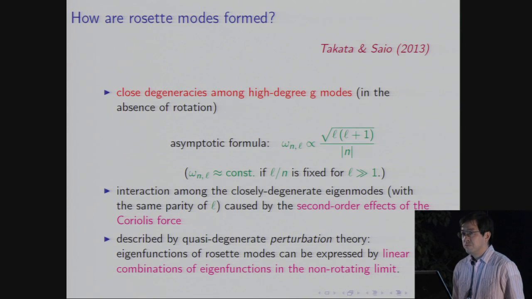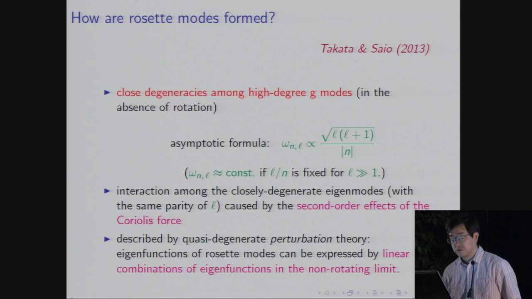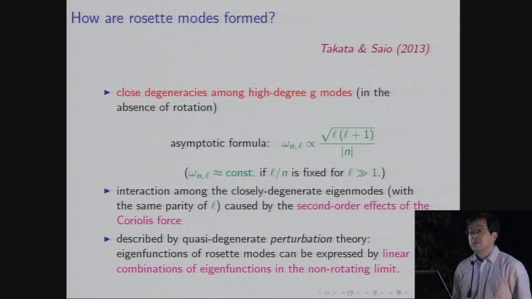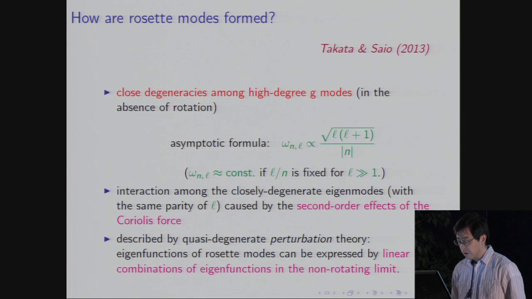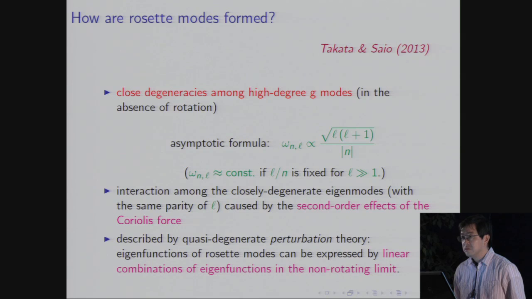And if we consider rotation, it induces interaction among those closely degenerate eigenmodes. The real reason for the interaction is the second-order effect of the Coriolis force. This process can be precisely described by so-called quasi-degenerate perturbation theory.